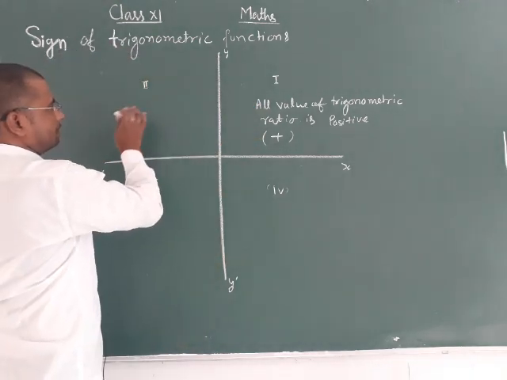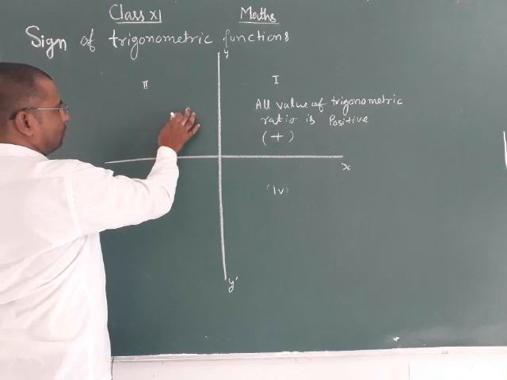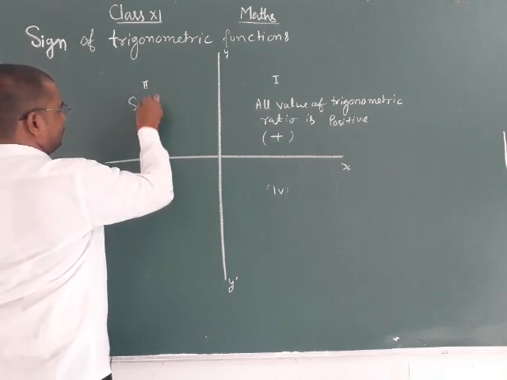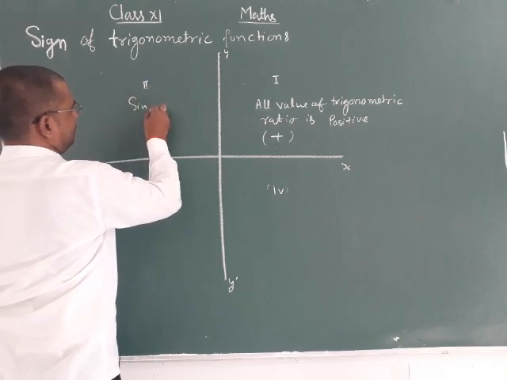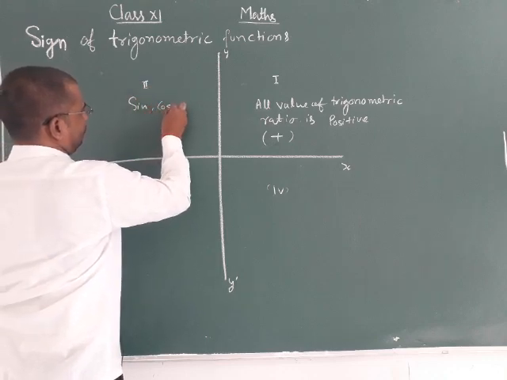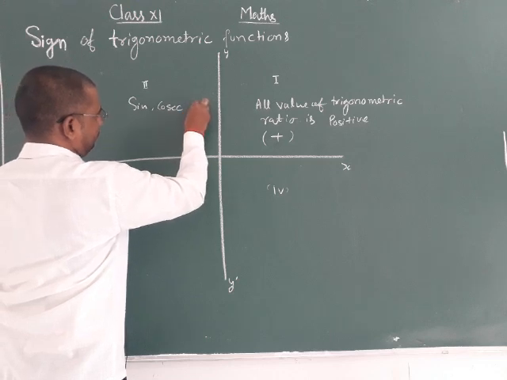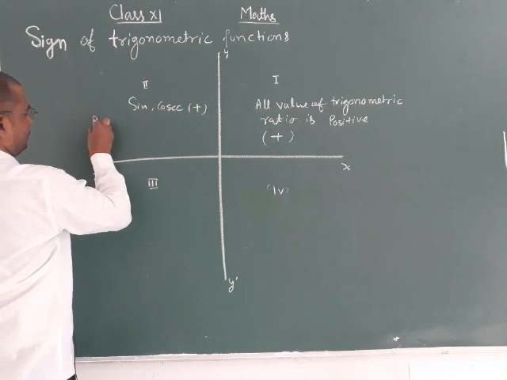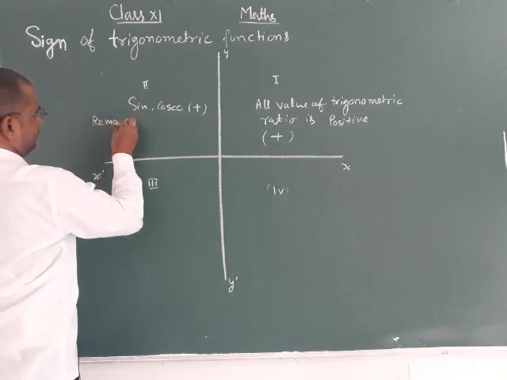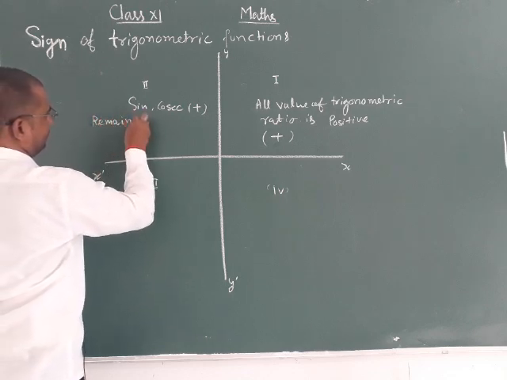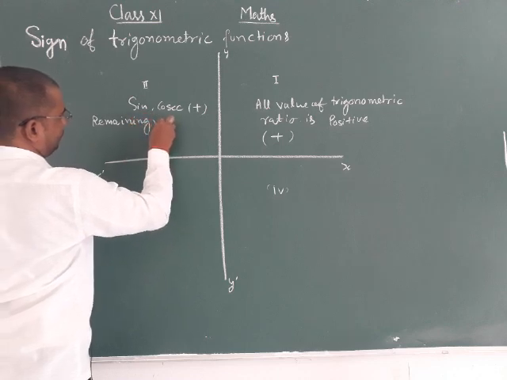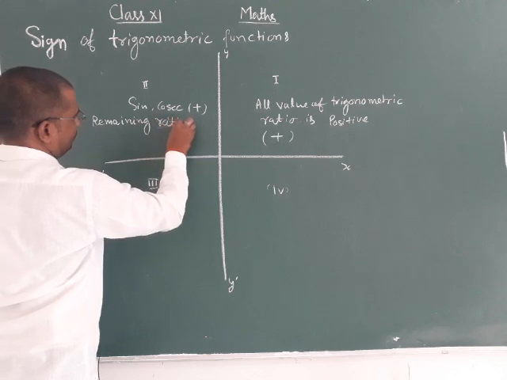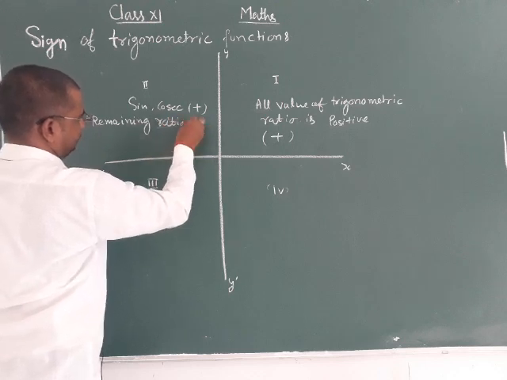And second quadrant, sine and cosec values are positive and the remaining ratios are negative.